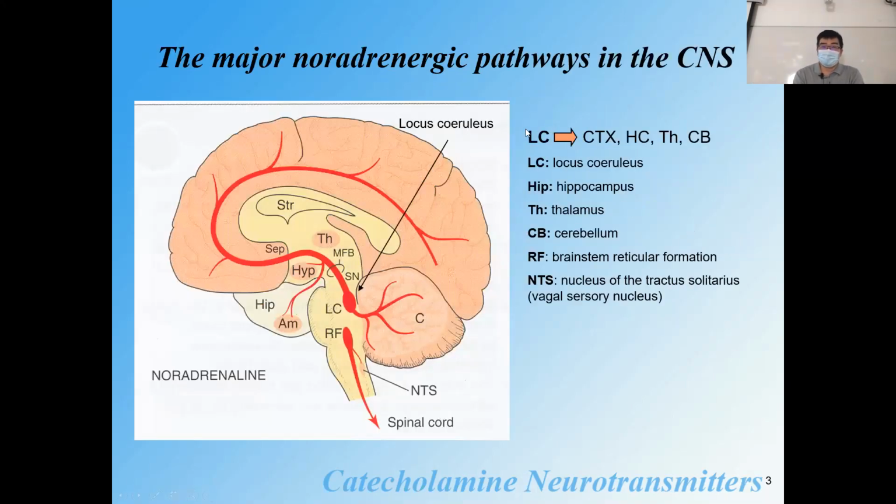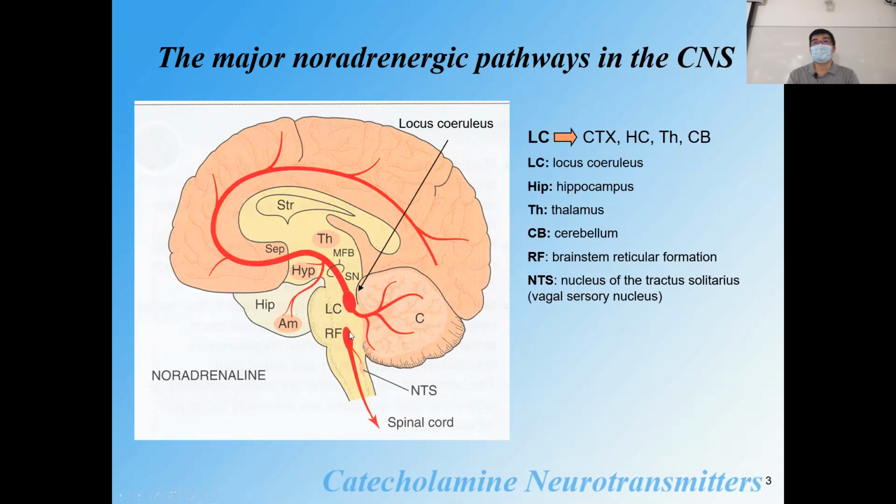Now, for example, in the noradrenergic pathway, there are different pathways. Mainly this group of neurons in a small pocket will send innervations out to the whole different brain. For example, the locus ceruleus is here, also the brainstem reticular formation, and also the nucleus of the tractus solitarius.